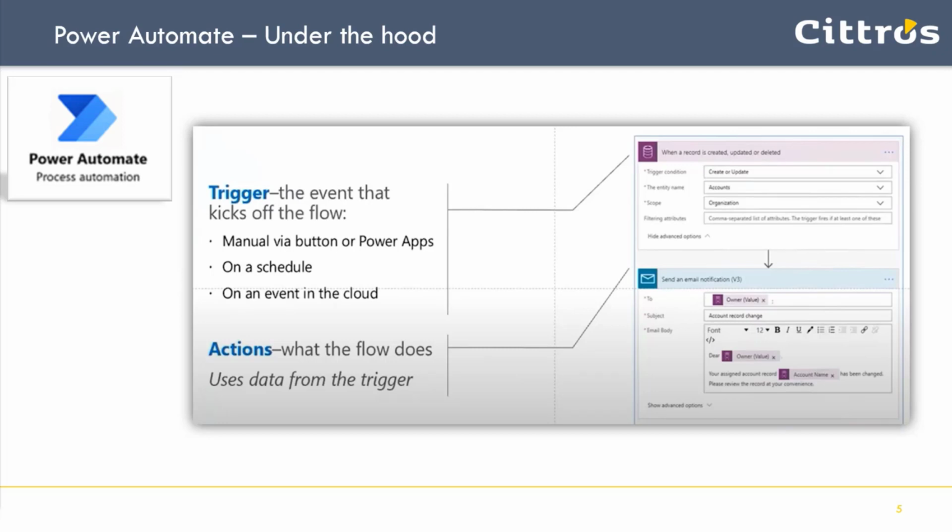For example, we can use this as a guidance to a business process flow to follow certain tasks via steps and stages. You can see on the screen we have a trigger that triggers the event and kicks off the flow, and we have actions, what the flow does.